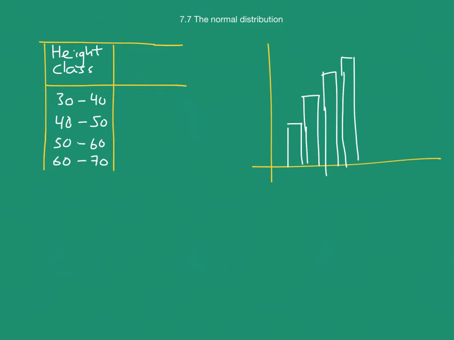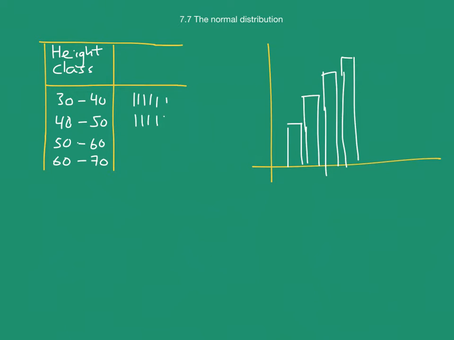So for example, if you look at the table here where it says height class, we can divide the data set into groups. For example, okay, how many people in this set weigh between 30 and 40? And then we could just count them up.